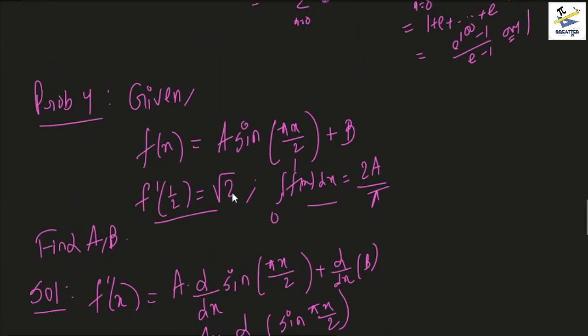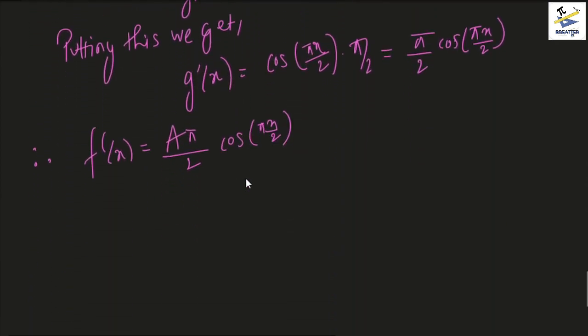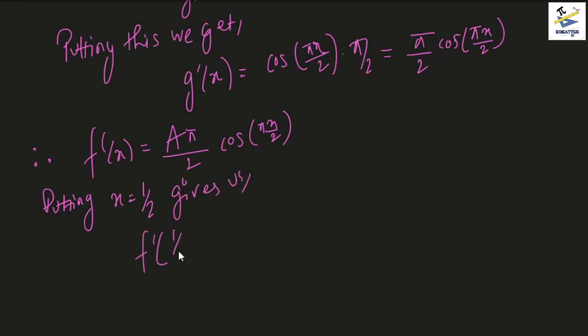So we go back to the problem to see what was given. It's f dash half equals root 2. So let us put x equals 1 by 2, which gives us f dashed of 1 by 2 equals a pi by 2 into cosine of pi by 4, which equals root 2.